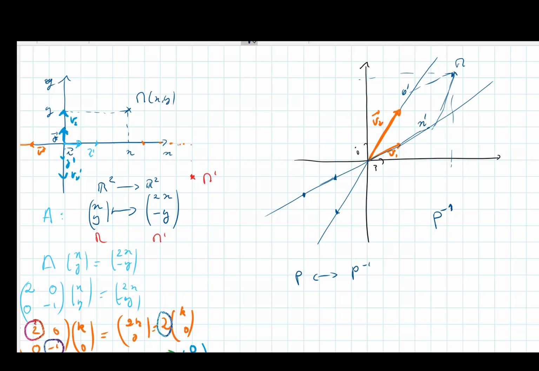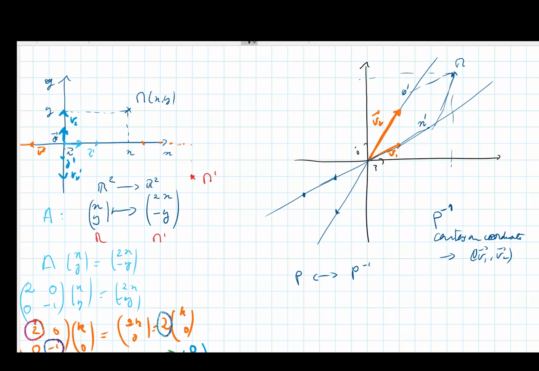So you would first apply the change of basis from Cartesian coordinates to my new coordinates expressed in the v1, v2 frame.